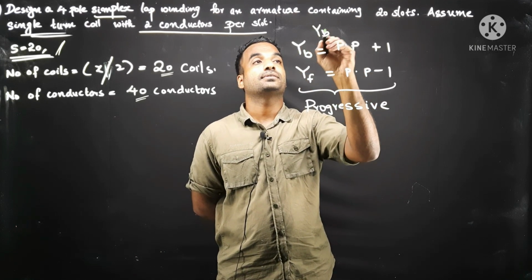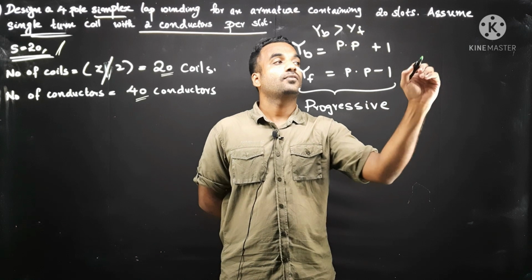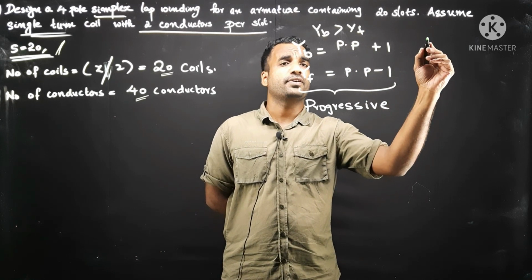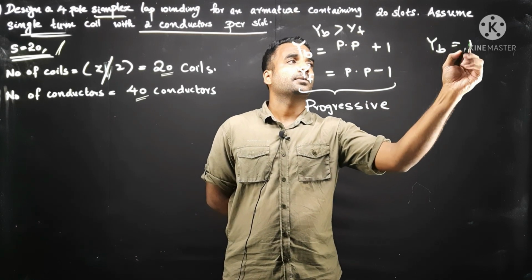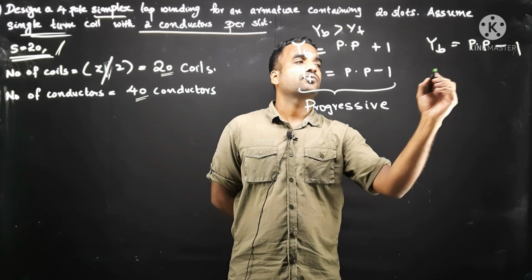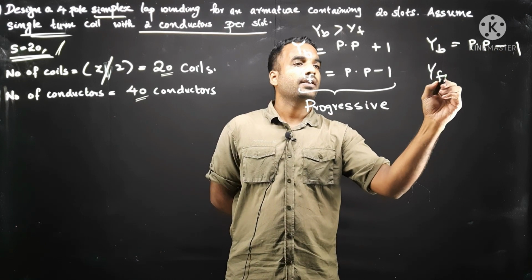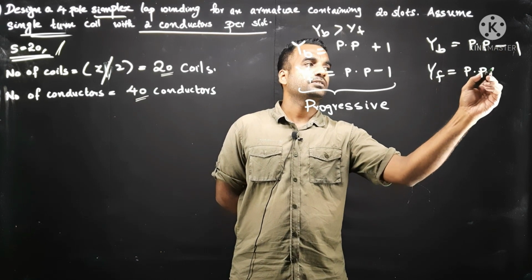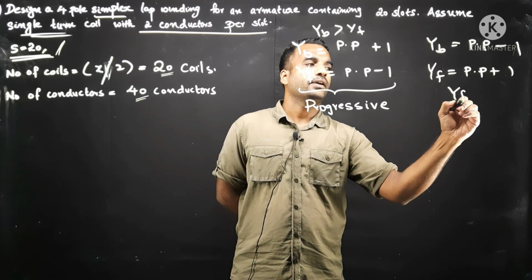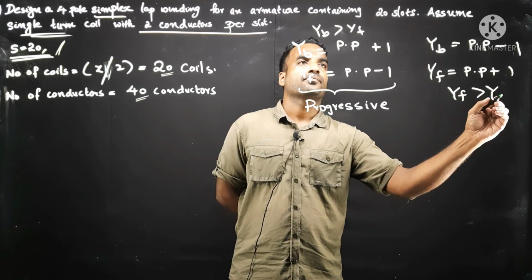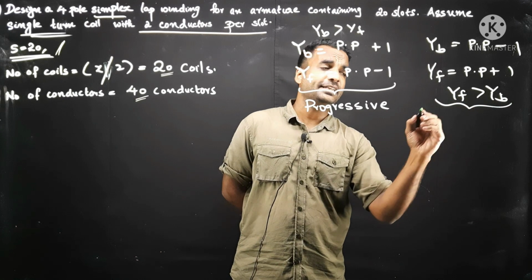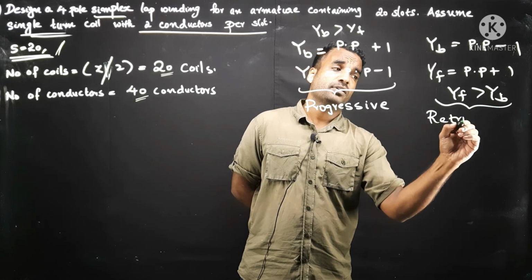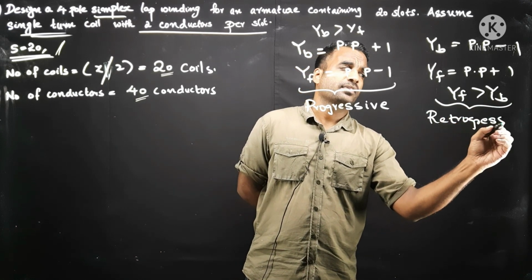Here YB is greater than YF. So what will be the condition in case of retrogressive winding? YB is equal to pole pitch minus 1 and YF is equal to pole pitch plus 1, so that YF is greater than YB. This is the condition for retrogressive winding.